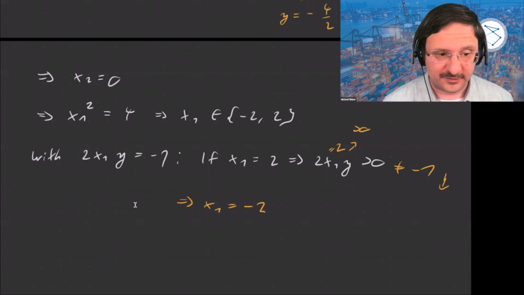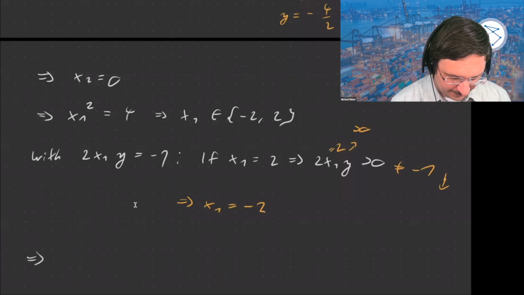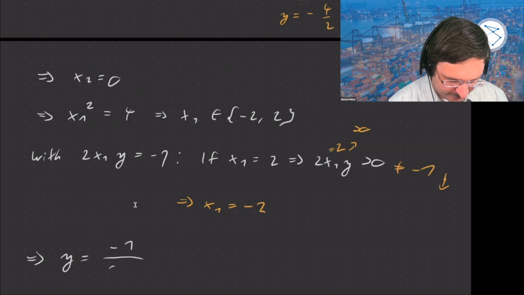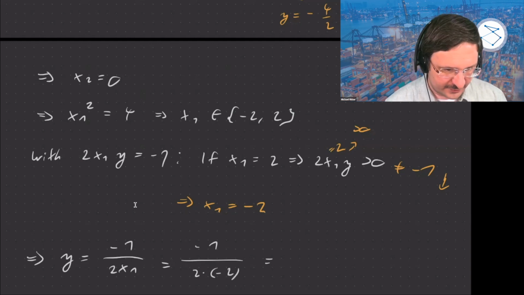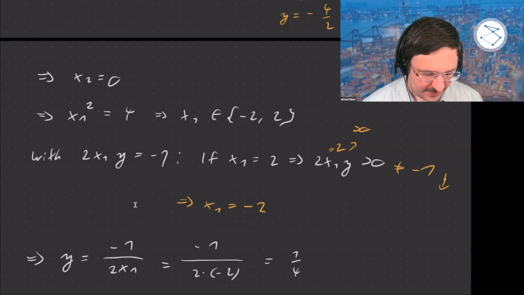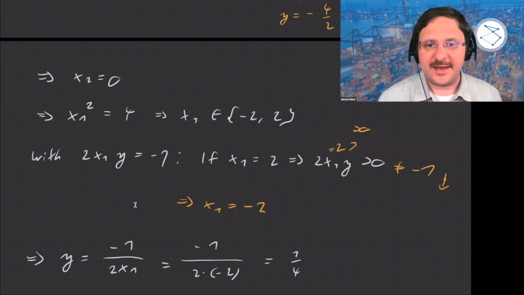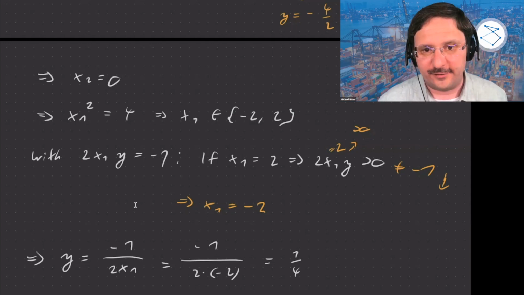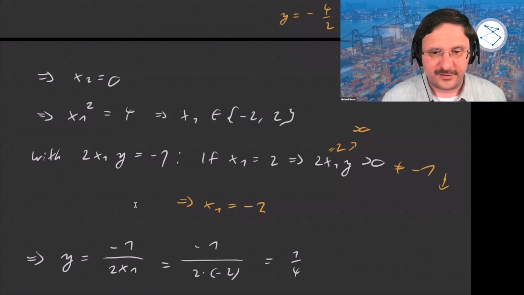And finally, that allows us to solve for y as well. So that means y is then -1 over 2x1. So -1 over 2 times -2. So that's 1 over 4. And you still have to do that to make sure that y actually is positive. Yeah, it could also be that this yields a negative value for y, and that means there's again a contradiction, so you wouldn't get a solution that way.